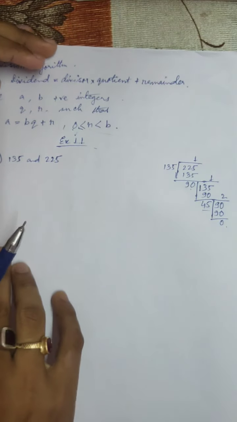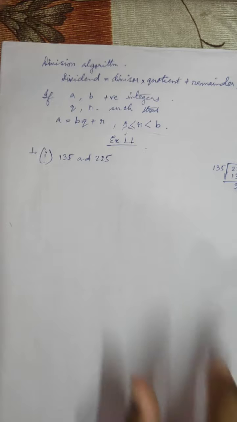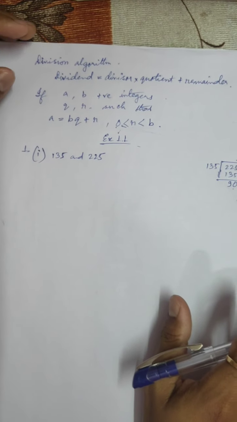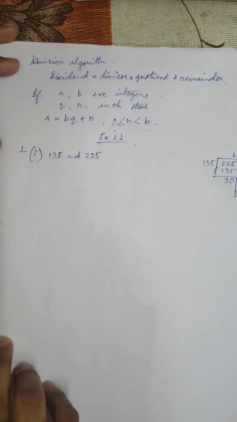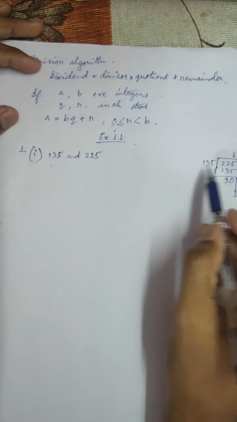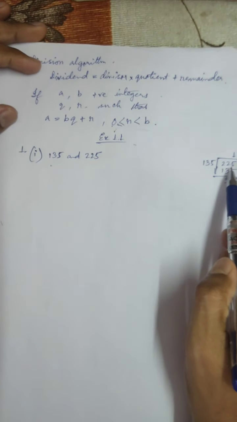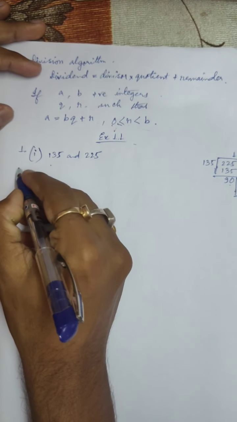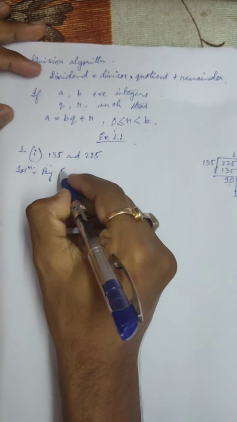So we are applying Euclid's division algorithm in the same process to find the HCF. First we have done this part. What we have divided, we have to write as the solution by Euclid's division algorithm.